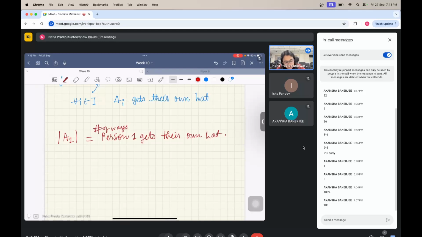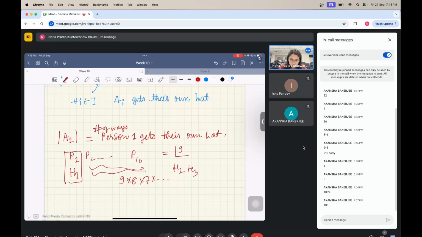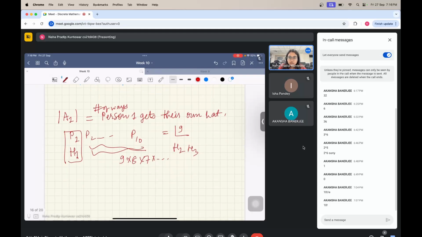So here you have P1, P2 and so on up to P10, and you know that the first person gets the hat H1. For the remaining people, we don't know how they're going to get hats. They may or may not get their own hats. So for hat 2 there are 9 choices, for hat 3 there are 8 choices, for the next hat 7 and so on. So this is nothing but 9 factorial. Is this fine?